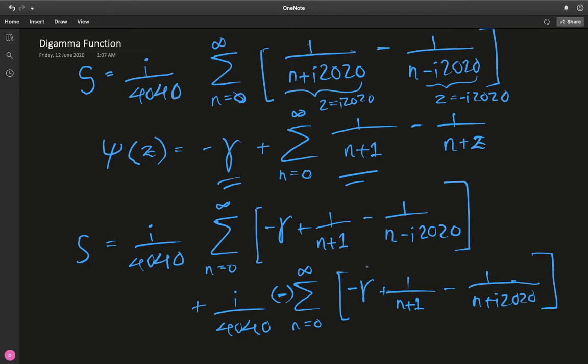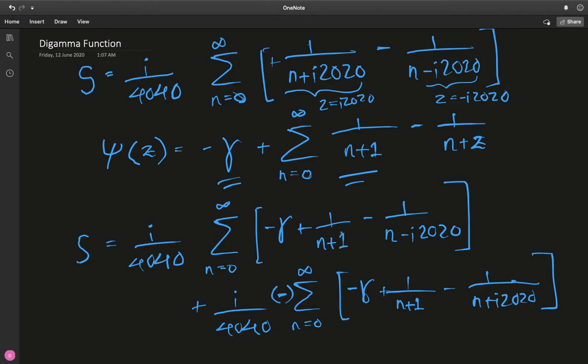And this totally makes sense because over here we have negative Euler-Mascheroni and over here we have positive Euler-Mascheroni, which will mutually cancel out. And same thing with this 1 over n plus 1 term. We have a positive here and we have a negative 1 over n plus 1 term here. So that's going to cancel out. And then we haven't changed the signs because the negative and negative will make a positive like we had over here.